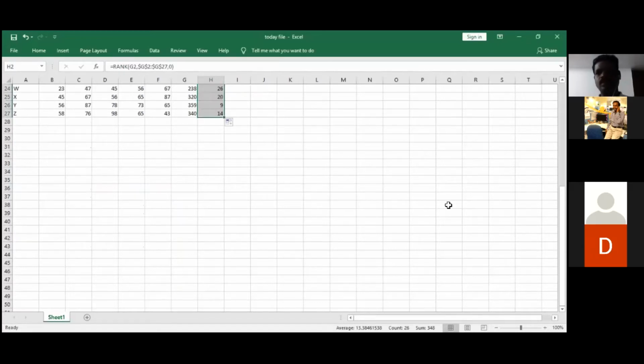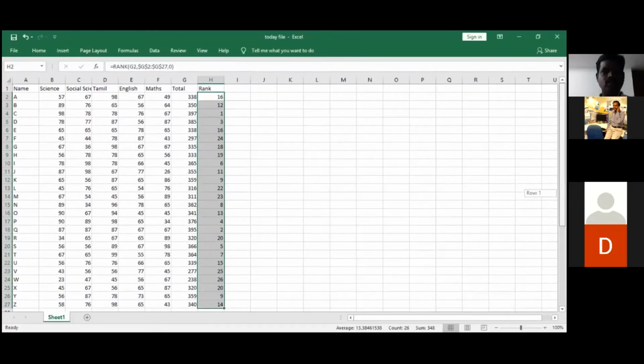The first rank is 397 marks, then 395 is the second rank. Likewise, it does the ranking automatically.